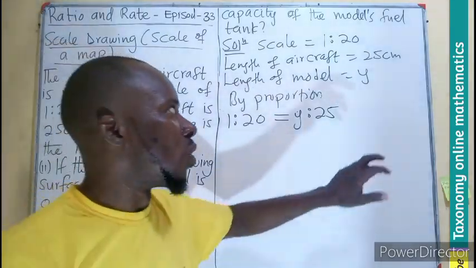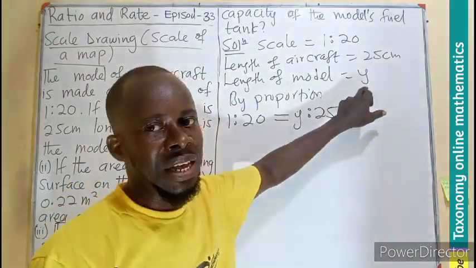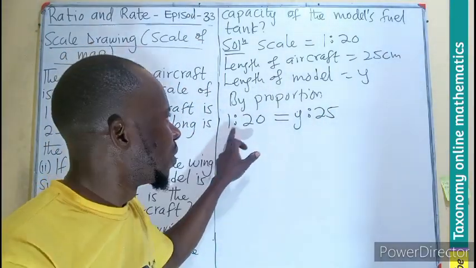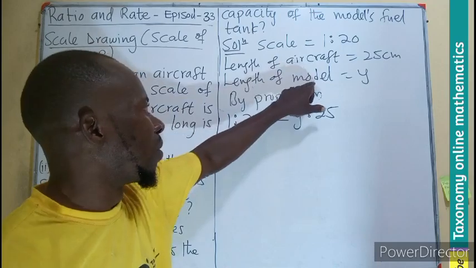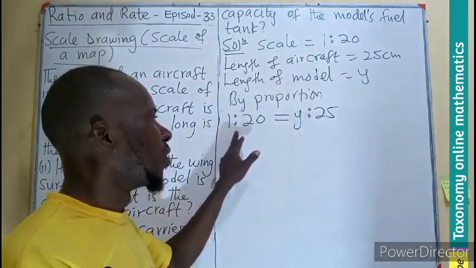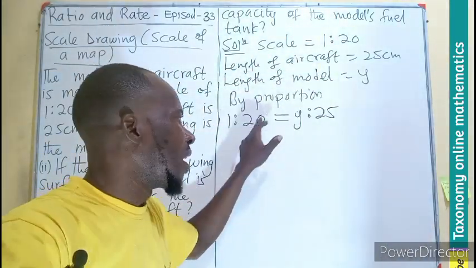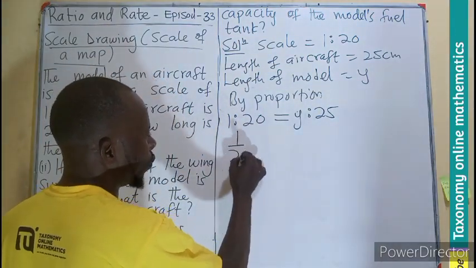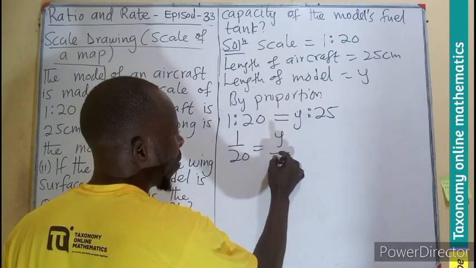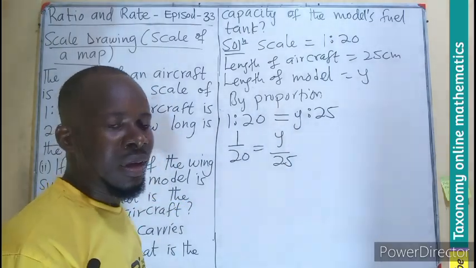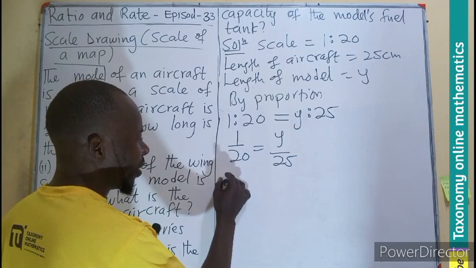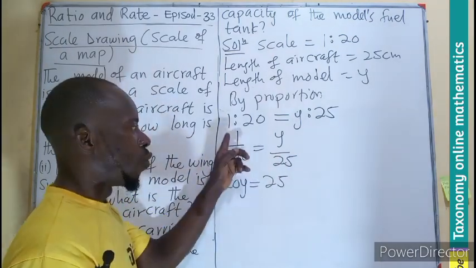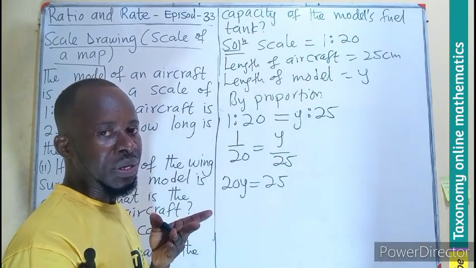Don't forget, not because I wrote 25 first before y, it should come in that direction. 1 is on the model, the length of the model is y, so that will correspond. Then the actual length of the aircraft will also correspond. So let's write this as a fraction: 1/20 equals y over 25. I believe we can cross multiply to have 20y equals 1 times 25, cross multiplication.